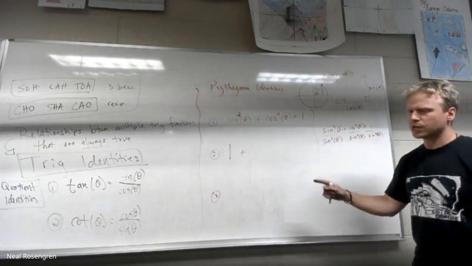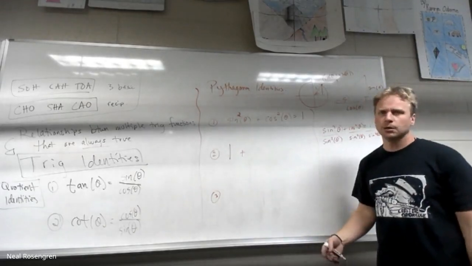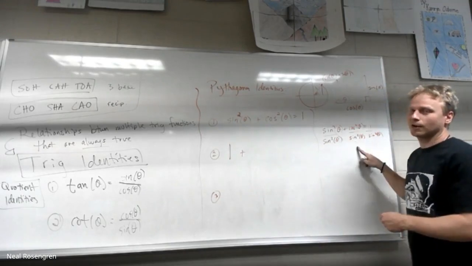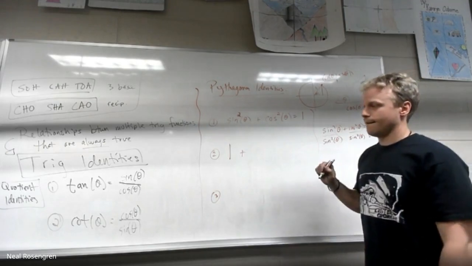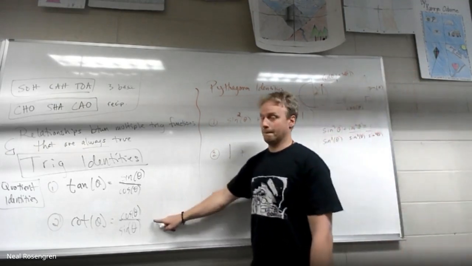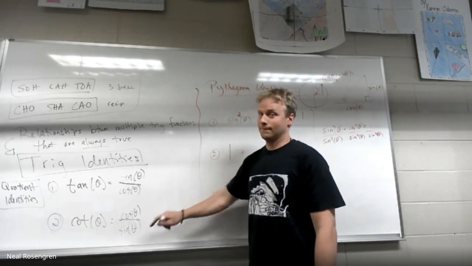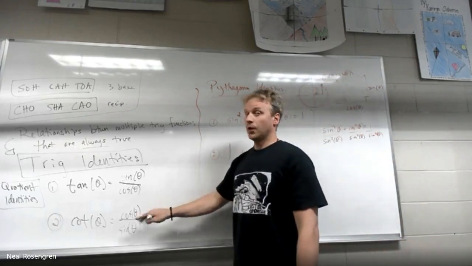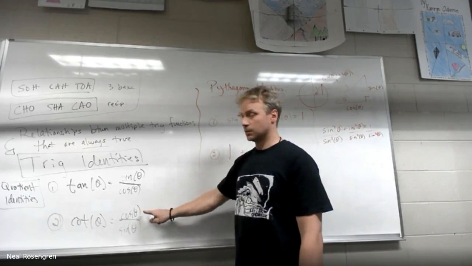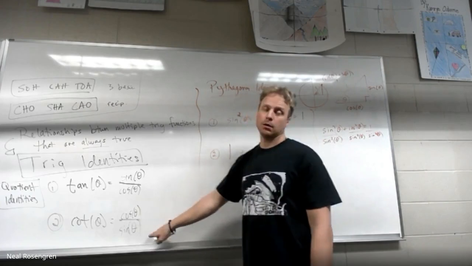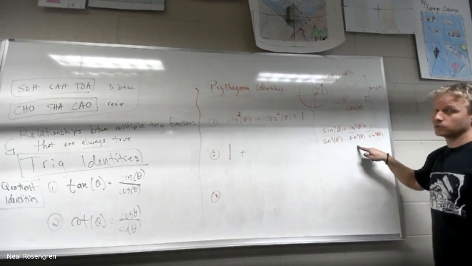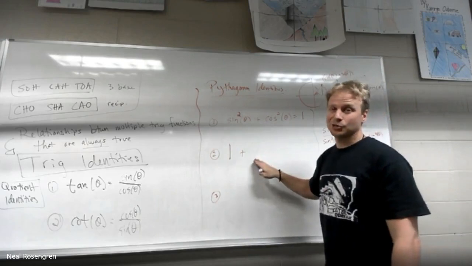Well, if cosine over sine is cotangent, what do you think we should call cosine squared over sine squared? Cotangent squared. Awesome.